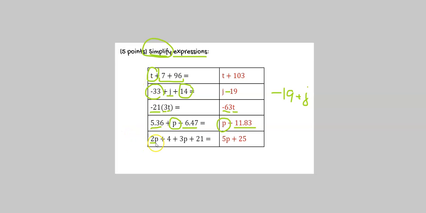And the last one also, we have 2p plus 3p. We can group these two together because they have terms with the same variable. And here 4 plus 21 is 25, right? So we have 5p plus 25.